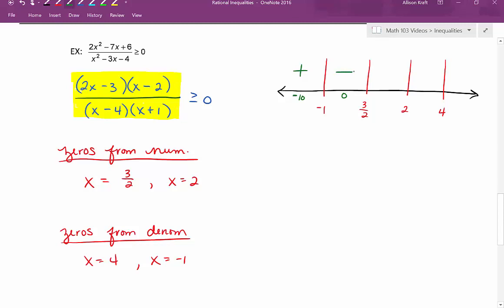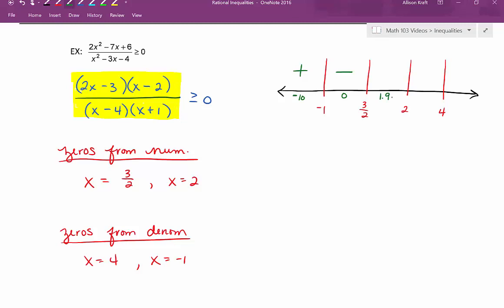Our next interval, we're not going to get to choose as nice of a number because I need something between 1.5 and 2. I'm going to choose 1.9. Plugging 1.9 into our first factor, 2x minus 3, that's going to give me 3.8 minus 3, which is positive.